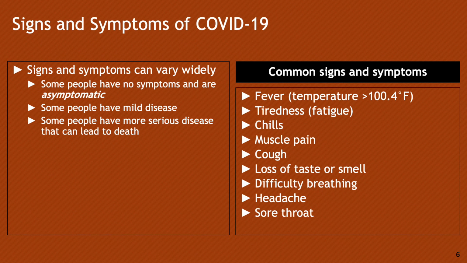So again, some people can be asymptomatic, have no symptoms. Some people have very mild symptoms, and some people can get so sick that they require ventilators, and ultimately many people could die, and to date, many people have died in our country and around the world.